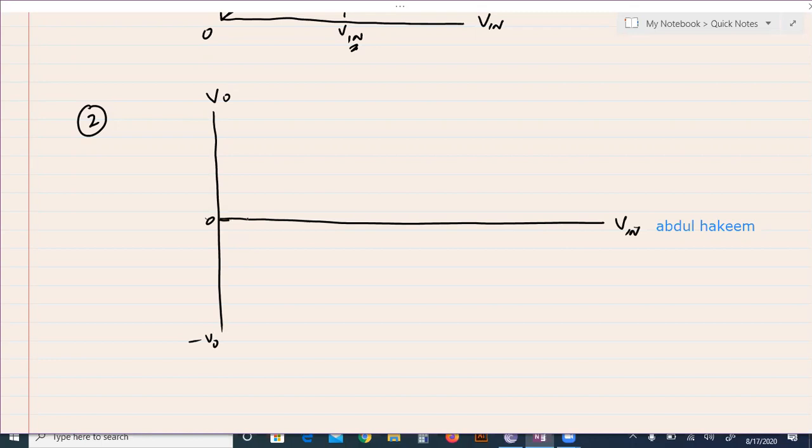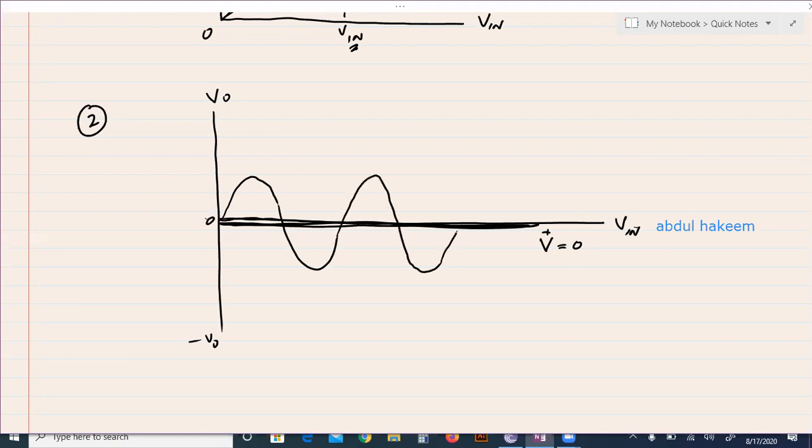Look, one of the inputs is 0, meaning connected with the earth. So this non-inverted input remains 0. And the other input is alternating. Suppose this is changing like a sine wave, and this input is inverted input, alternating. Now the graph for this will be different.